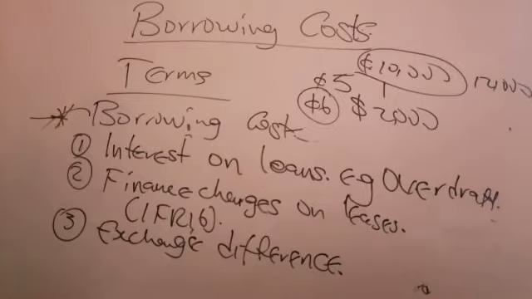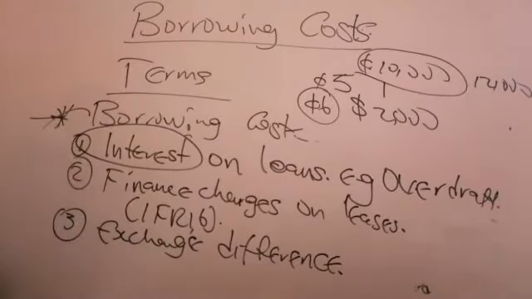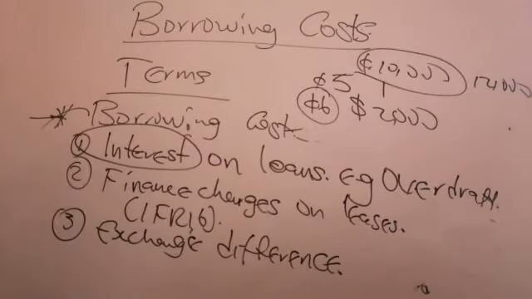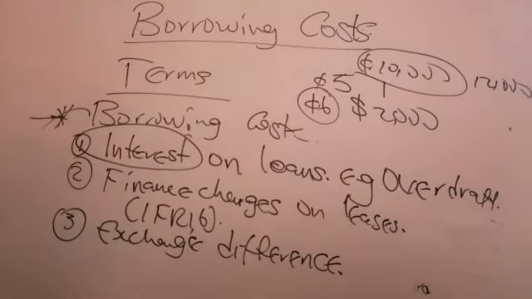But for the purpose of our study, for borrowing costs specifically, we are going to consider the interest. So in most examination questions, the interest is what you are going to consider. But you meet the finance charges on leases on its own when you're doing IFRS 16, so get that video and look through.